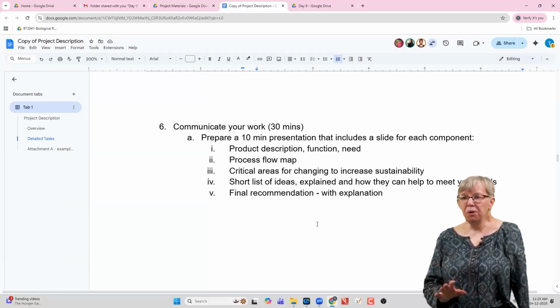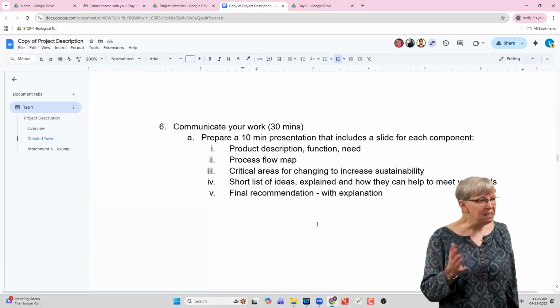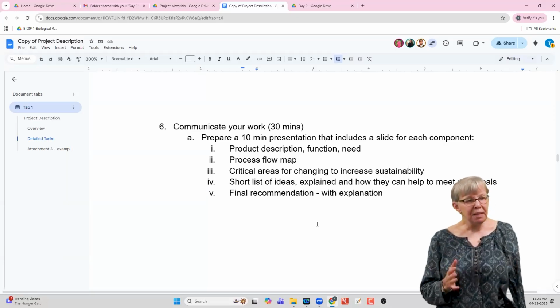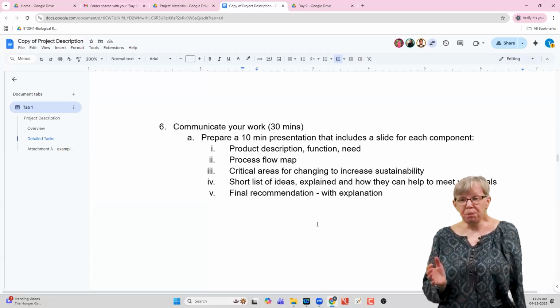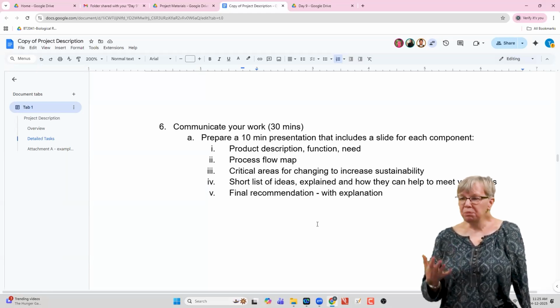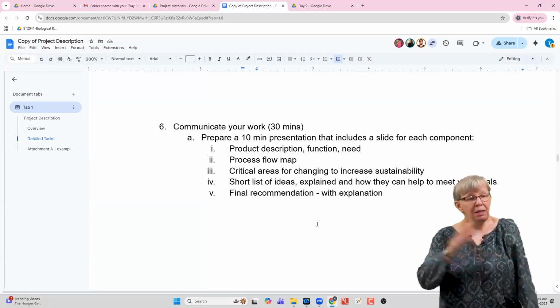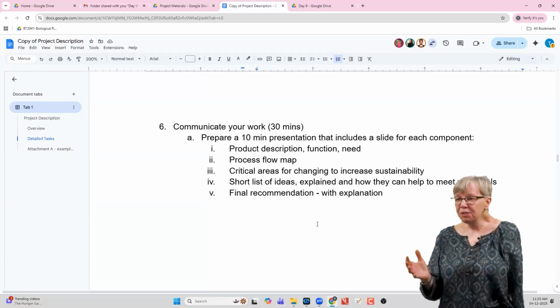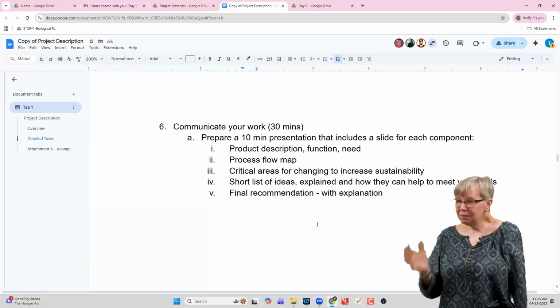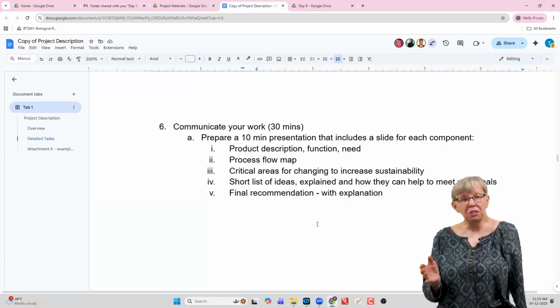So tomorrow morning, up to 10 minutes, so maybe 8 to 10 minutes presentation from your group, not from an individual, hopefully from your group, where you define what your product is, what your functional unit is and why. Here's the process. Here are the life cycle impact results, whatever you were able to do with the information you had.